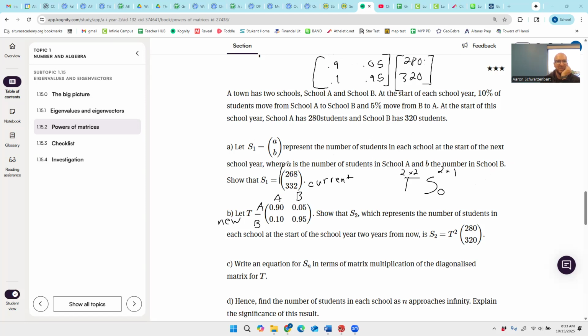And you get this 268, 332. If you want year 2, you just take your T matrix, you square it, multiply by that.